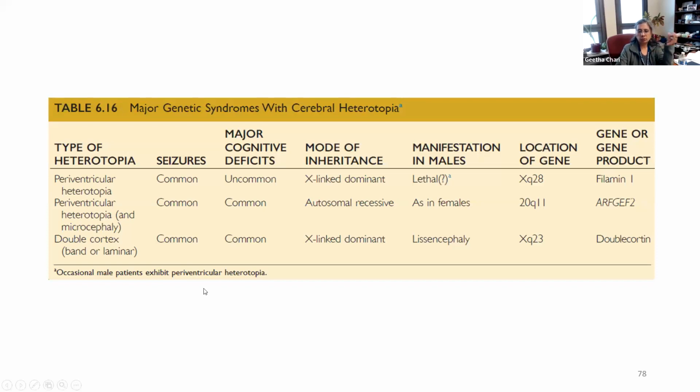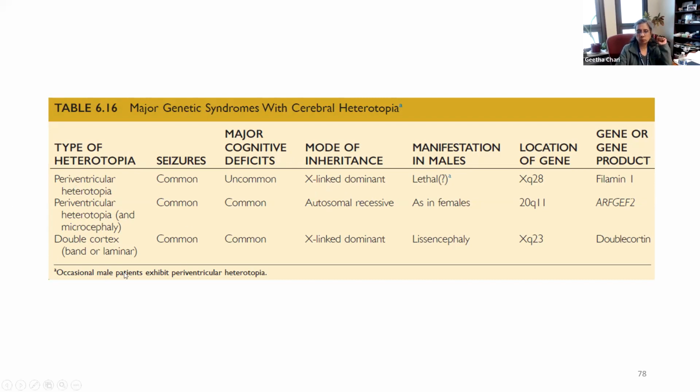Depending on what the defect is, the X-linked variant can be only periventricular nodular heterotopia. If it's an autosomal recessive variant affecting chromosome 20, you can end up having microcephaly and global developmental delay. So these are the types of periventricular nodular heterotopia with associated malformations.